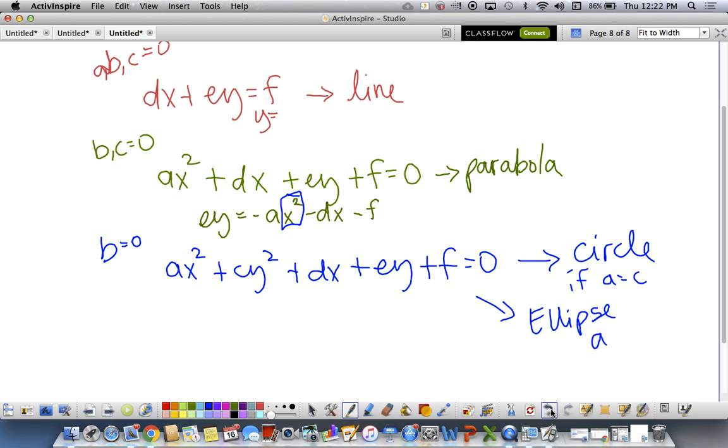Ellipse, if A does not equal C but they're the same sign. They have to be the same sign, positive or negative. They both either have to be positive or both be negative.